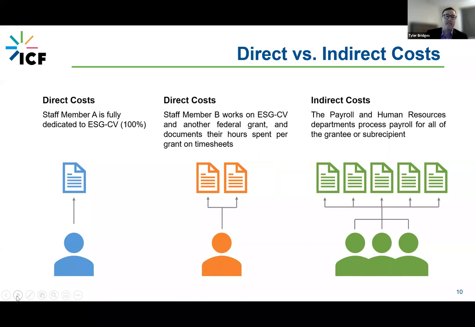Likewise, if staff member B works on ESG-CV and another federal grant, the employee's costs can be split on a pro rata basis using their hours spent per grant documented on their timesheets. Costs incurred by a grantee's payroll and human resources departments, however, are indirect costs since they provide services for all grantee employees, regardless of their role, function, or funding source.